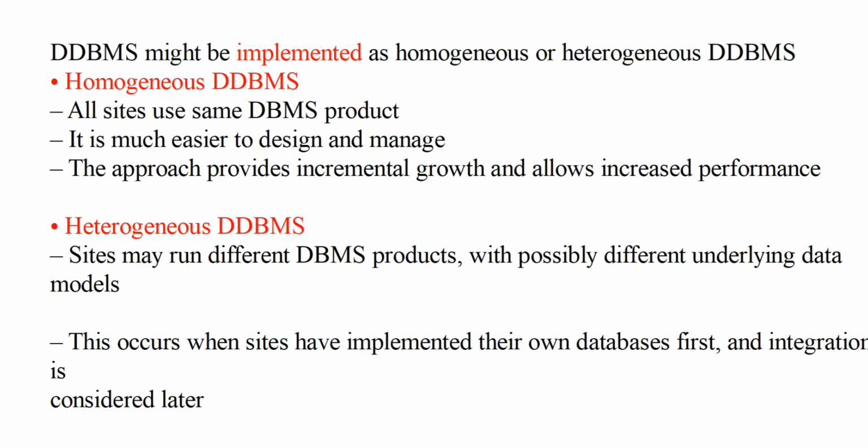So a DDBMS might be implemented as a homogeneous or heterogeneous database management system. Homogeneous and heterogeneous are two types, and let's see what they say. In a homogeneous system, all sites use the same database management system product. Homo means same and hetero means different. So if we are talking about homogeneous, then we will have similar types of things in the system, and if we are talking about heterogeneous, then we will have different types of things.